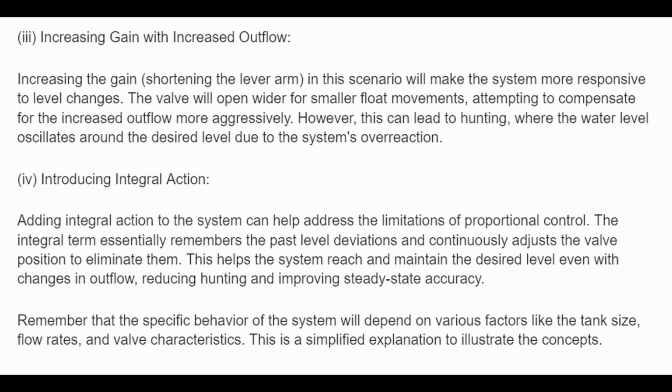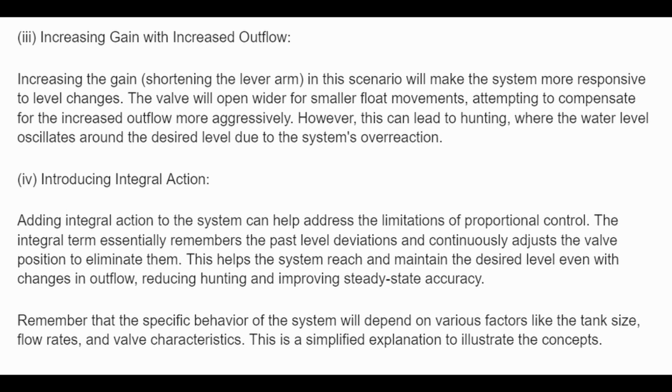4. Introducing integral action. Adding integral action to the system can help address the limitations of proportional control. The integral term essentially remembers the past level deviations and continuously adjusts the valve position to eliminate them.